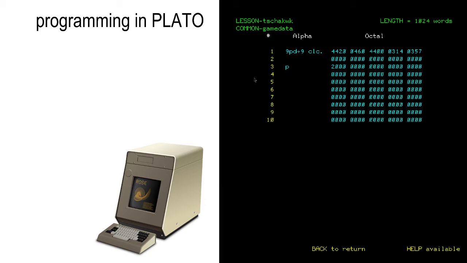And since common variables are like any other variables in TUTOR, you can also take and divvy these up, segment them off, and use one 60-bit value to hold a whole range of different values. Since you have 60 bits to work with, it's kind of big. This particular common space is roughly about 1,024 words.